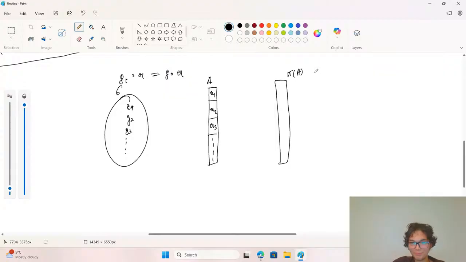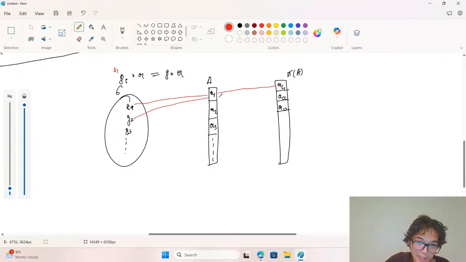It consists of all the permutations of A: a_i1, a_i2, a_i3. So, for example, g1 has image a_i1, and g2 acting on this element has the same image. So g2 and g1 belong to this co-image.